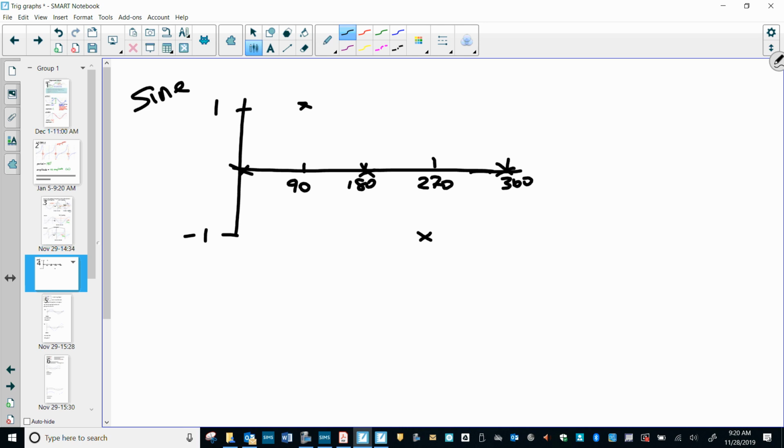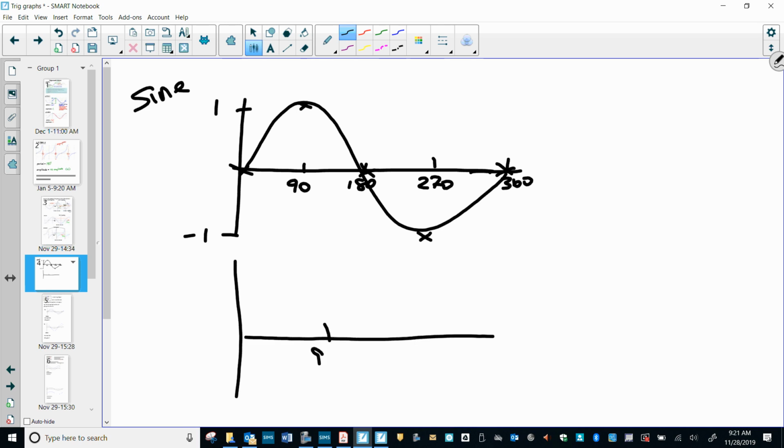So if you've got those 4 points and you know it goes from 1 to -1, you can just do that. You see that? So 90, 180, 270, 360, up, down, down, up. For cosine, it's super similar. 90, 180, 270, 360.